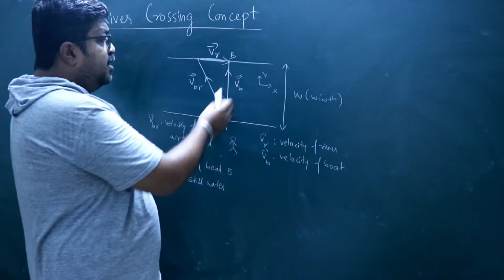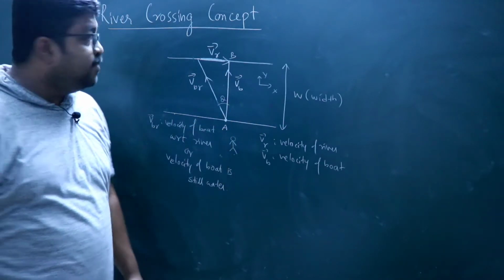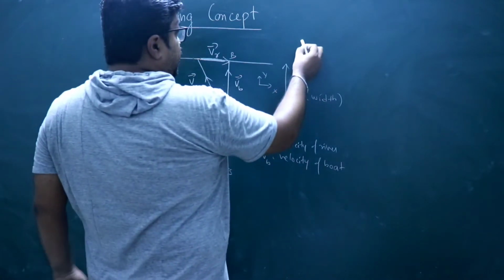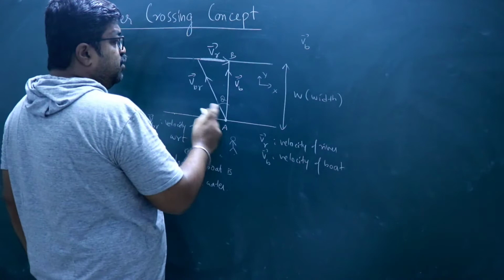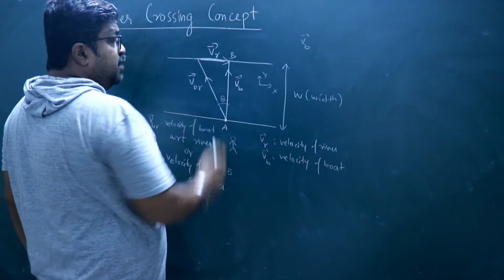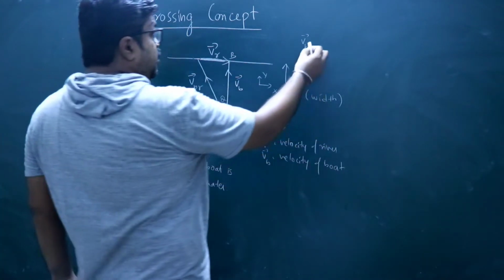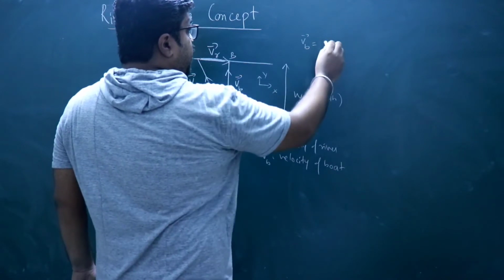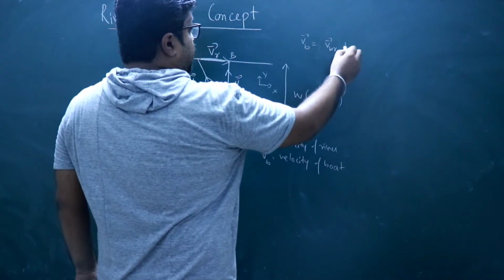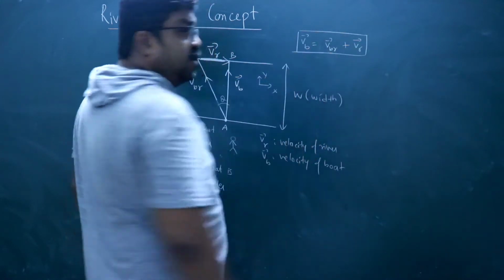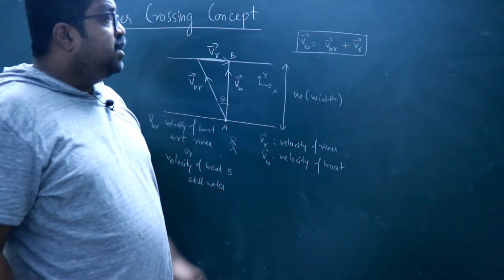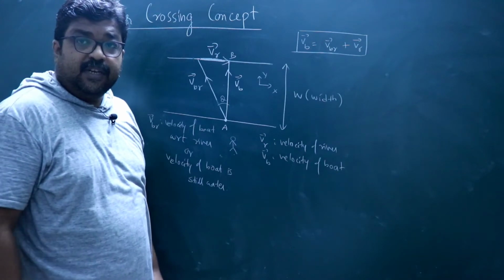So we can apply triangle law of vector addition. VB is the resultant velocity of these two velocities. So VB is equal to VBR plus VR. I have written this equation using triangle law of vector addition.